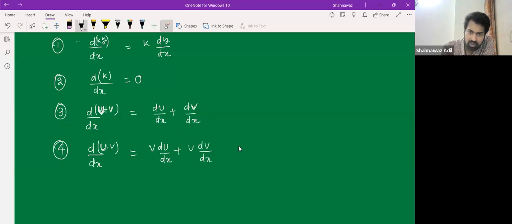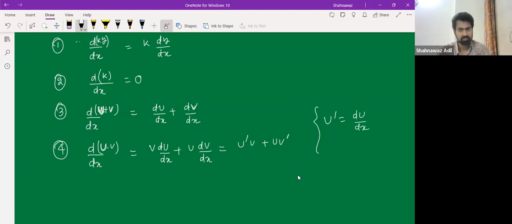So I can write this as u dash v plus u v dash. U dash meaning du by dx, right? Yes, sir. And v dash meaning dv by dx.